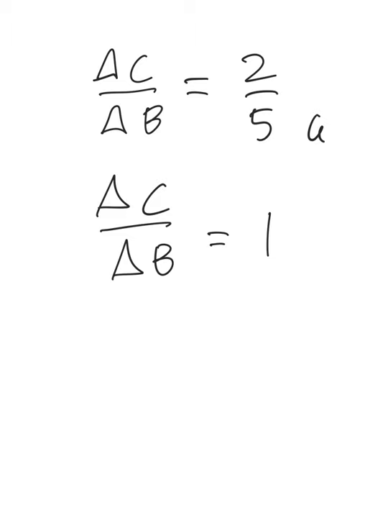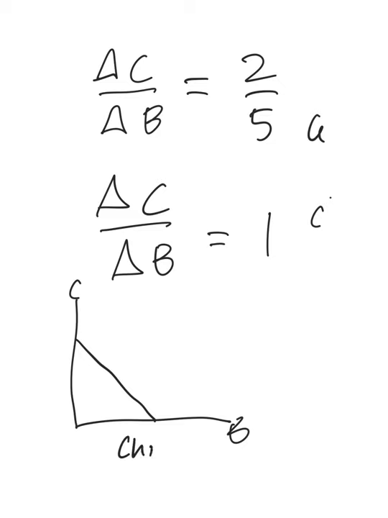Now, the China one will be really easy. The China one is a 1-to-1 transformation. So a 1-to-1 transformation means that in the case of China, it's just like a 45-degree line. If I give up 1 unit of beer, I gain 1 unit of cloth when I'm in China. So this is the China production possibility frontier.